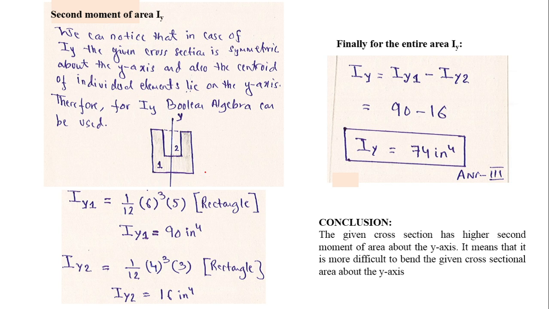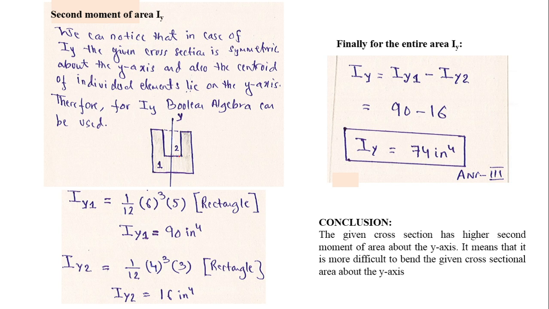But of course we cannot use the methodology that we have used to calculate Ix dash, because since this shape was symmetric about the y-axis, we must figure out some way of defining the constituent or simpler shapes such that their centroids appear on the y-axis.